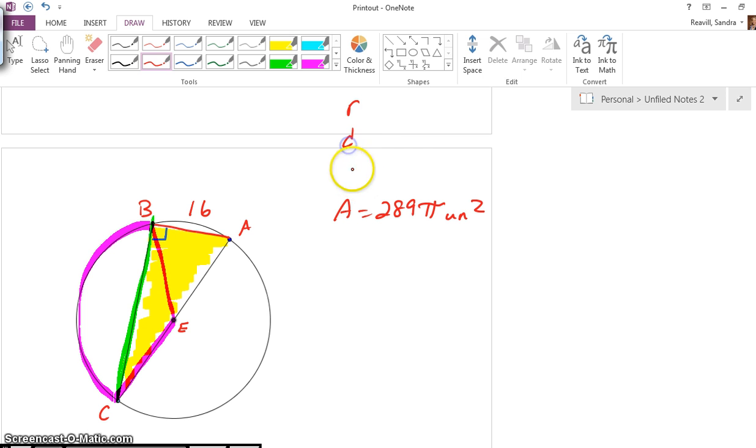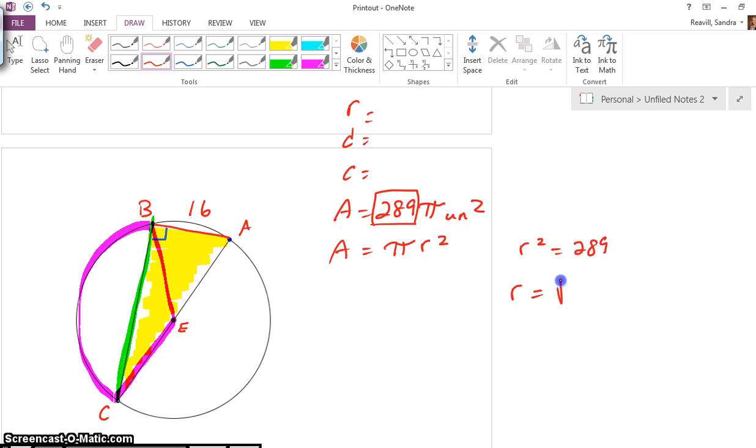R, D, C. Can we work backwards from the area to find any of these values? Area formula equals pi multiplied by r squared. So 289 must equal r squared. R then equals the square root of 289. So r must be 17.